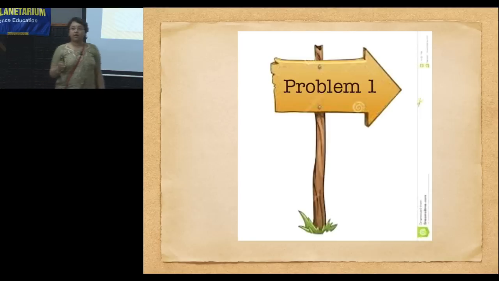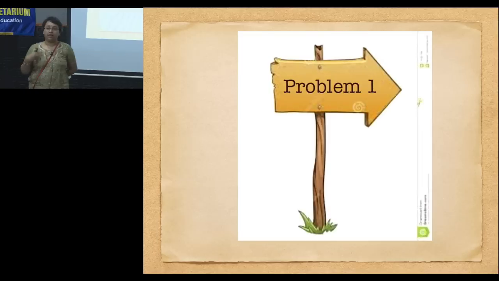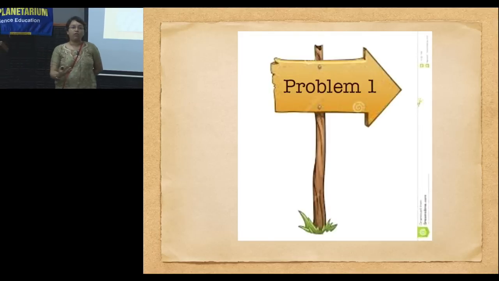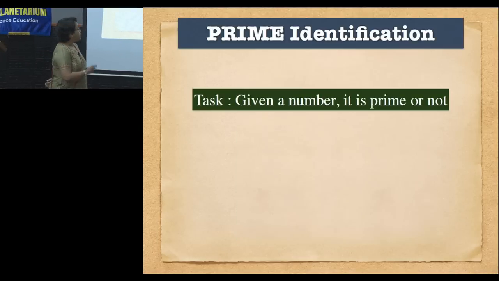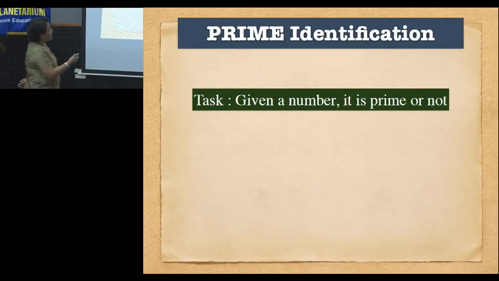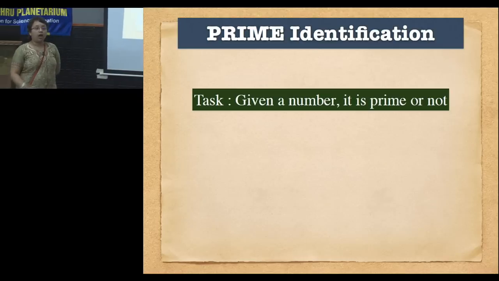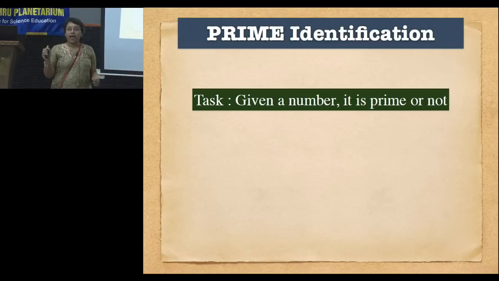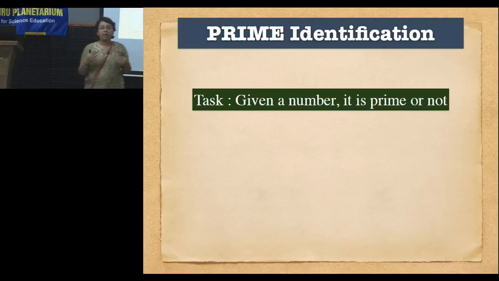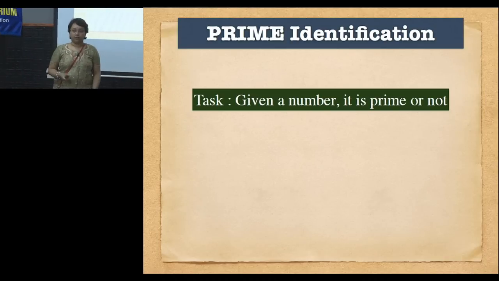Now let's consider a certain mathematical problem that a computer usually solves. The first problem I am going to talk about is the prime identification problem. I will give you a number and you have to tell me whether the number is prime or not.